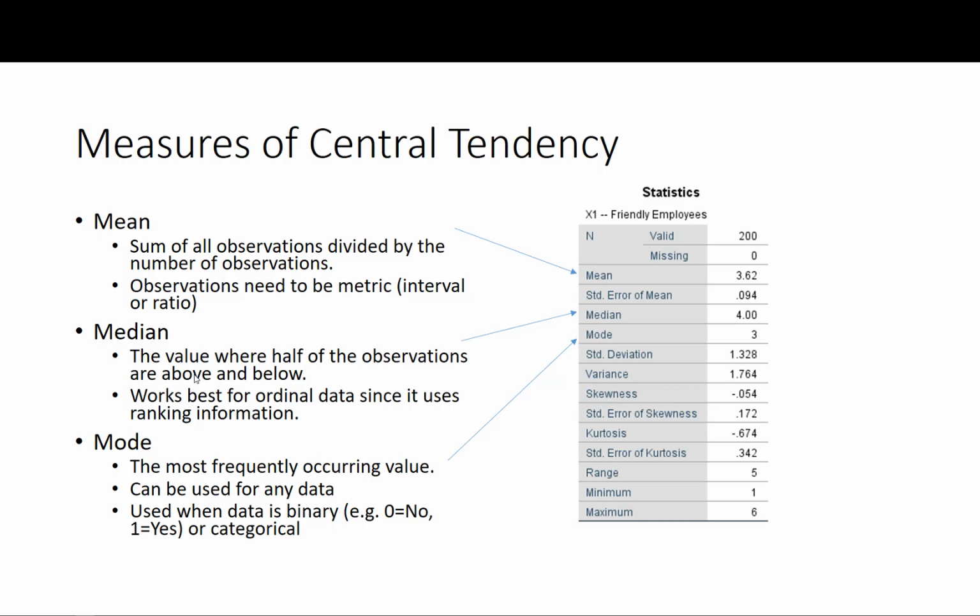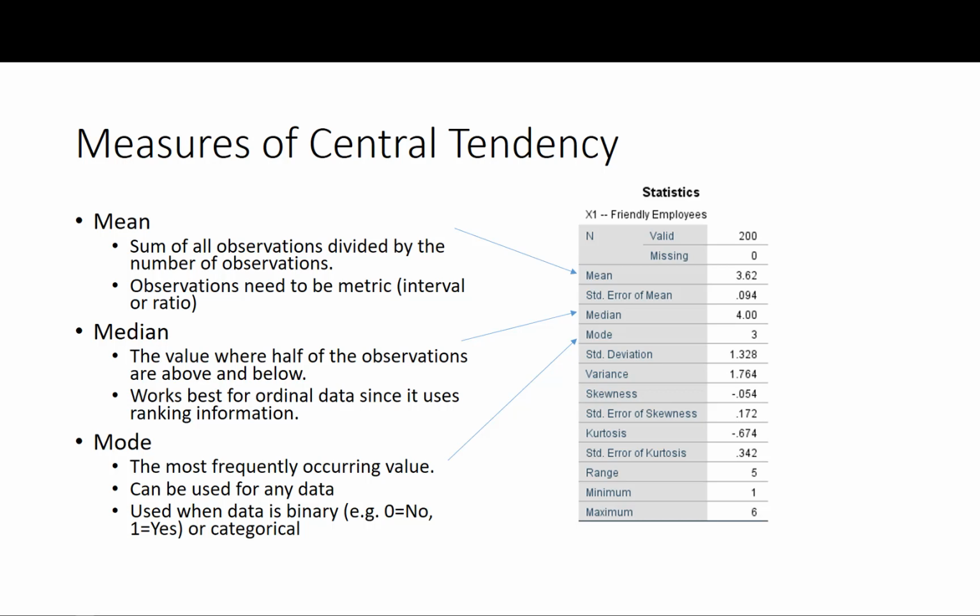So median works best for ordinal data, but it is also used for ranking data, and often you'll hear the median referred to in cases such as house prices, where you might not have that many observations and you might have a large difference between your upper and lower end data.